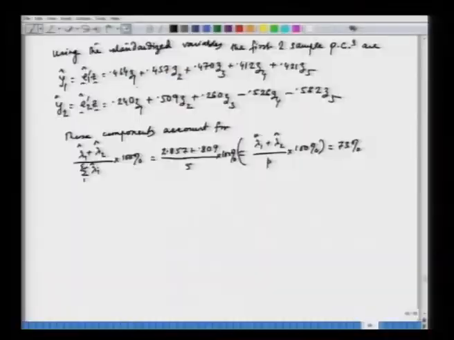So, from real life data, about 73% of the total variability is explained by the first two sample principal components. Now, the interpretation of these principal components is quite interesting. The first principal component gives a weighted index of all the stocks: 0.464 with Z1, 0.457 with Z2, and so on. So, this Y1 hat can be thought of as a sort of market indicator, giving you the weighted average of all the stock prices.